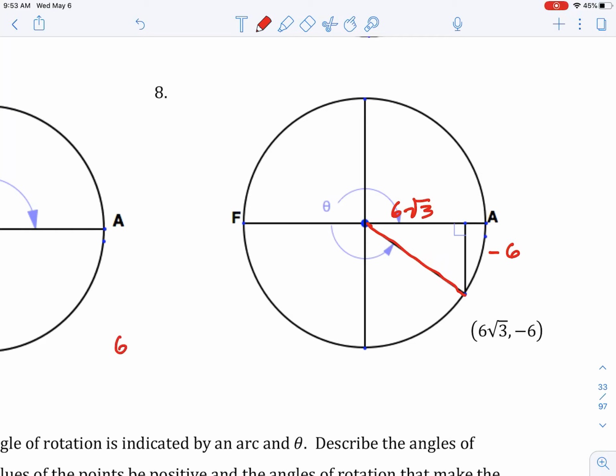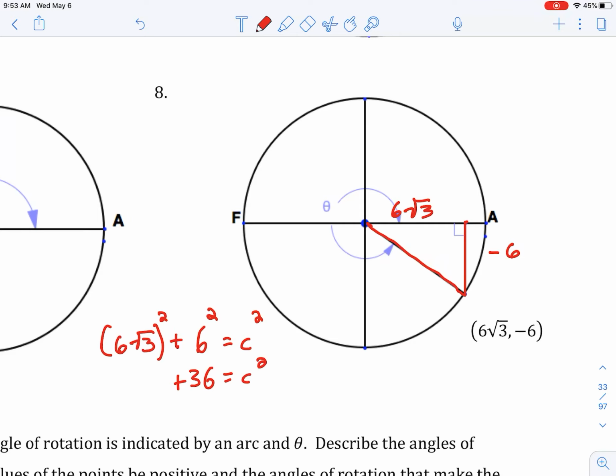So that would be 6 times the square root of 3, squared, plus that distance. I know that's negative 6 on the grid, but its distance is 6. So this is obviously 36.